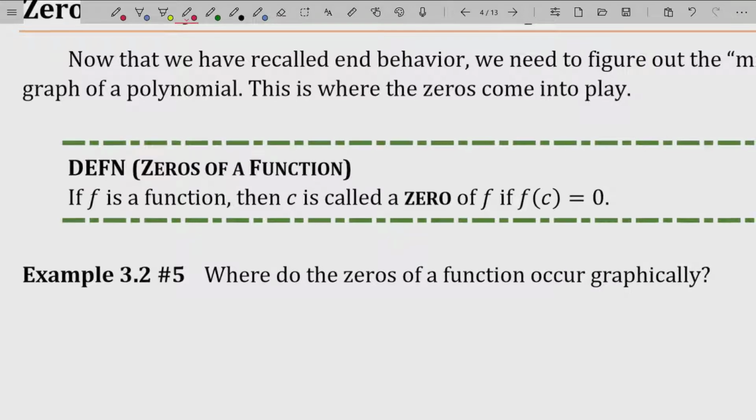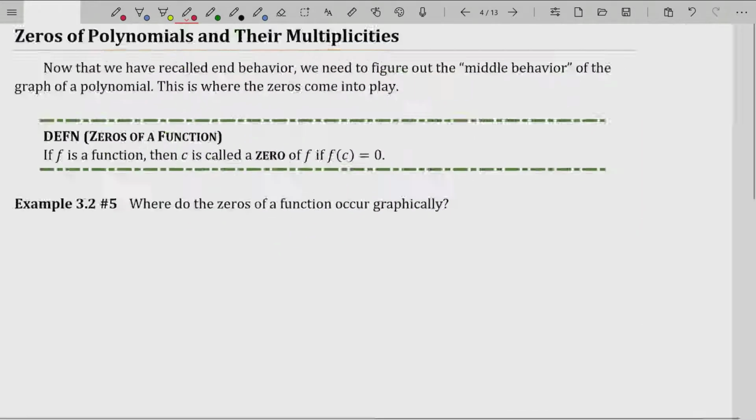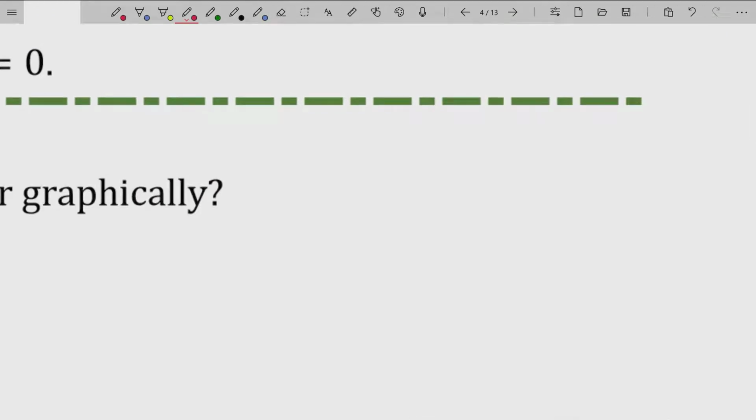For example, just as an aside, maybe I'll write it off to the right hand side. Suppose you had a function like the sine of x minus pi over 6. There are certain values of x that you could plug in to force that to become 0.